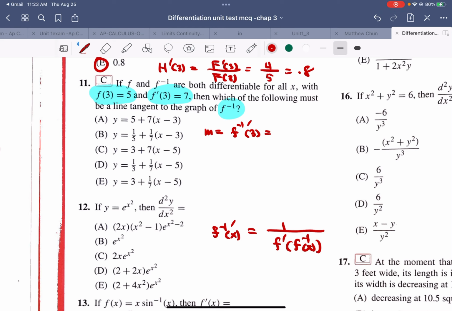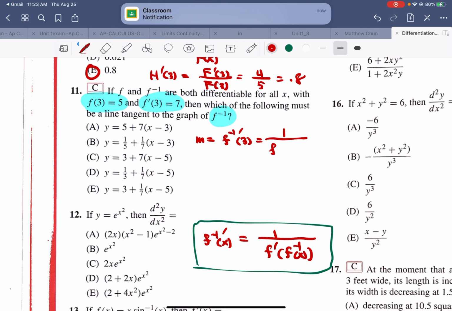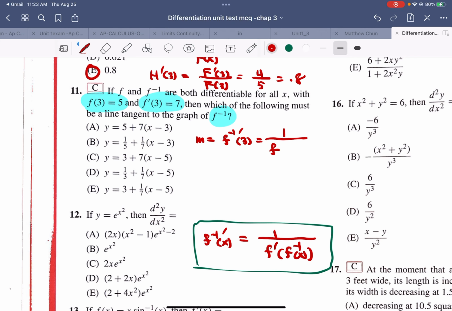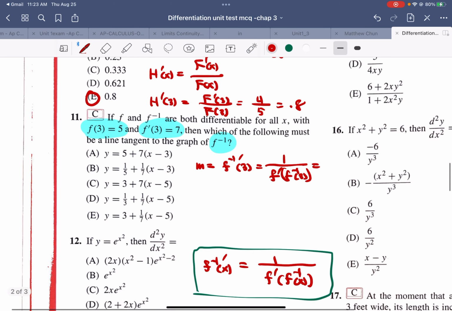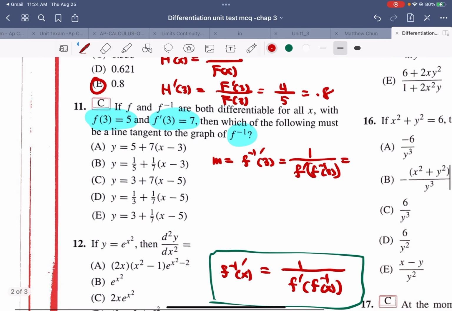This is a formula you have to memorize. So if you follow that rule, 1 over f prime of f inverse of 3. So what is f inverse of 3?